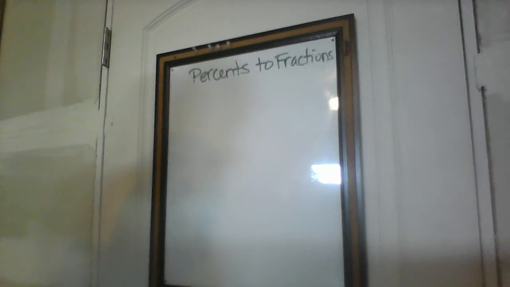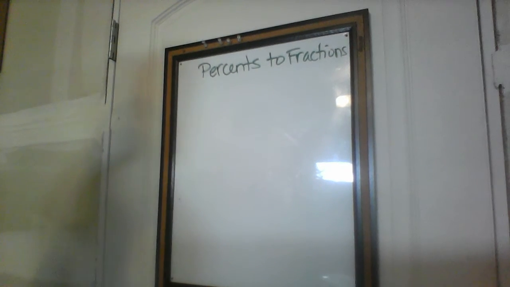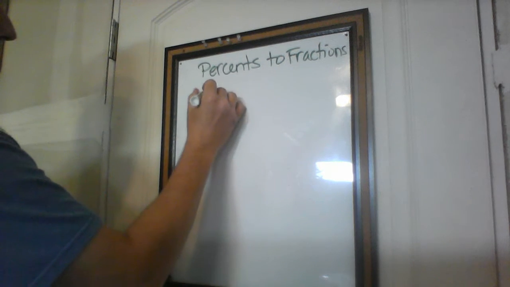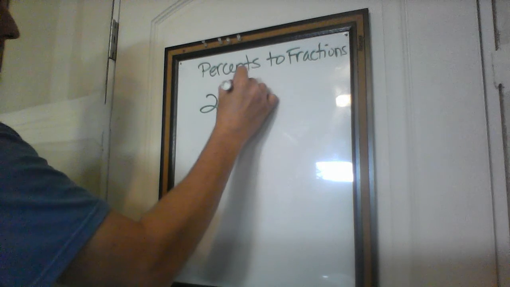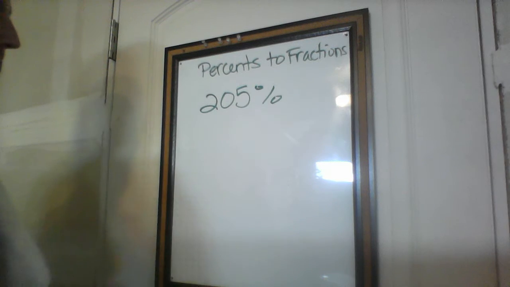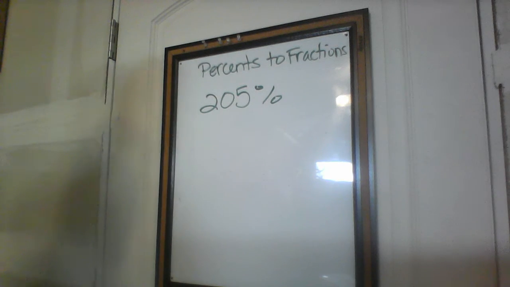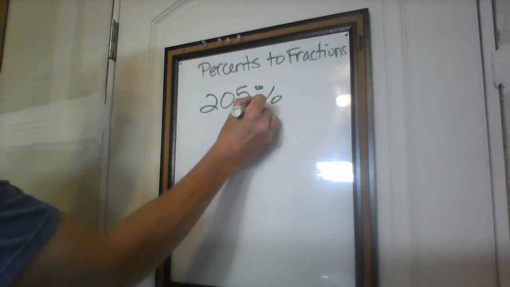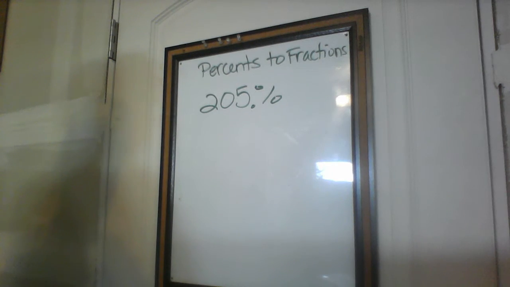Okay. One more of those. We'll do an even bigger one with the same thing, with having greater than 100%. So if we say we have 205%, we're still going to go through the exact same process. There's no decimal here, so it comes at the very end.